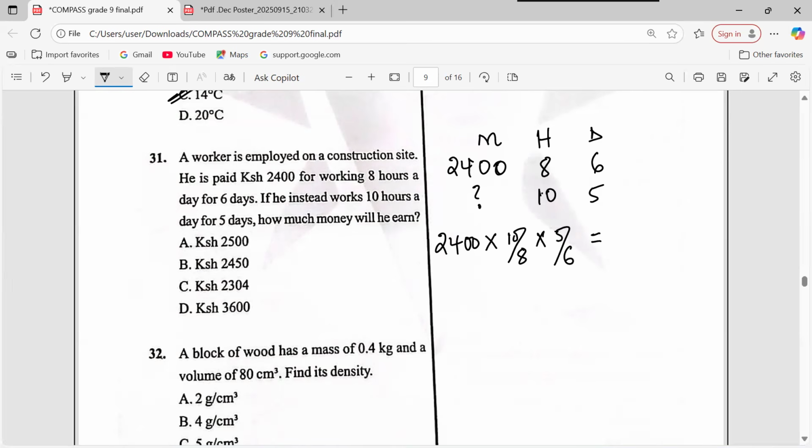Then we compute 2400 multiplied by 10, then by 5 over 8 by 6. This gives us exactly 2500 Kenya shillings, of course, making A the appropriate answer in that case.